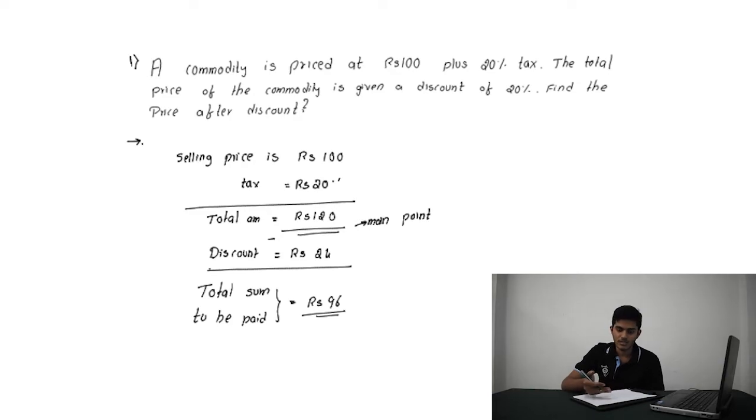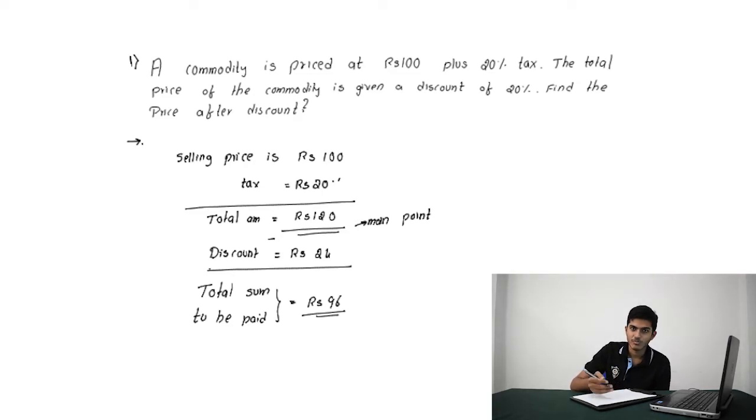So as you know, that's why I told you it's a marketing gimmick. See, they've told you its selling price is 100 rupees and the discount is 20%. So it's not actually rupees 80 what you're paying, but you have to pay rupees 96. So be careful here. So moving on to the next problem.